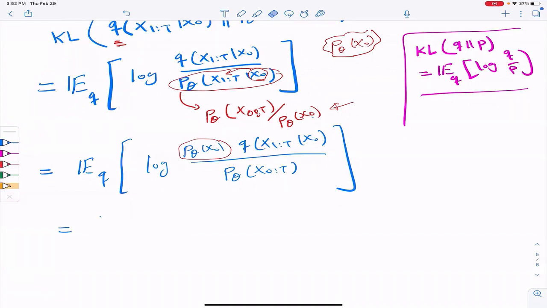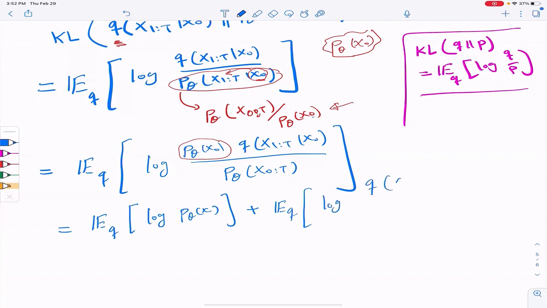Let me write it this way: log of p theta of x0, basically applying the log function to the two terms, plus expectation over q of log of q of x1 to t given x0 over p theta of x0 to t. So I broke down this log into these terms.